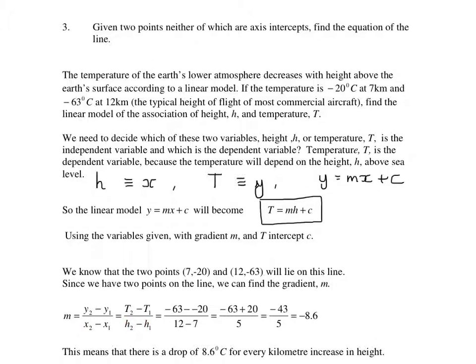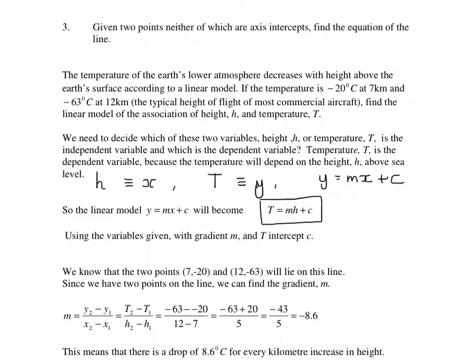So using the two values we have for temperature in the equation for gradient, and the two values we have for height, we can come up with a value of negative 8.6. Now what does that mean? Remember we had temperature in the numerator, so we can put in some units here.